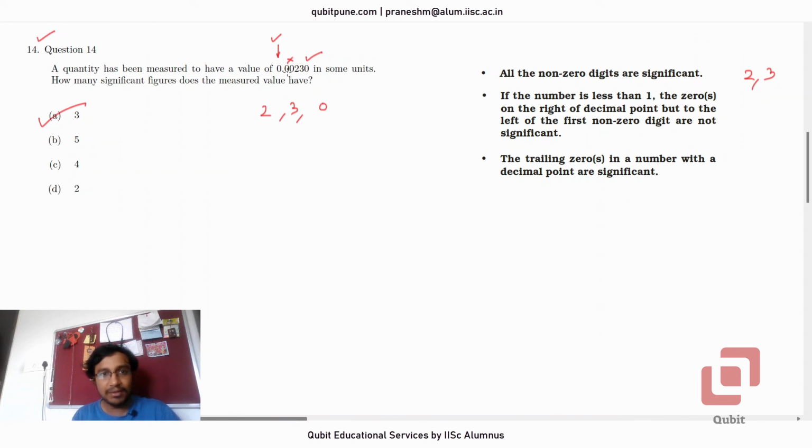That means the zeros between the decimal point and 2 are not significant. This is according to our second rule here. The trailing zeros in a number with a decimal point are significant. That means the zero here is significant, which means this particular value has 3 significant figures.